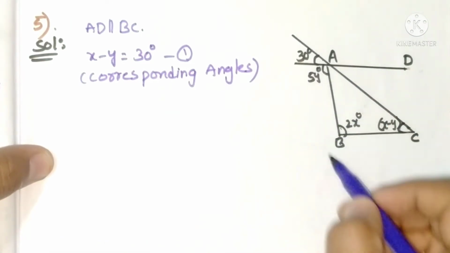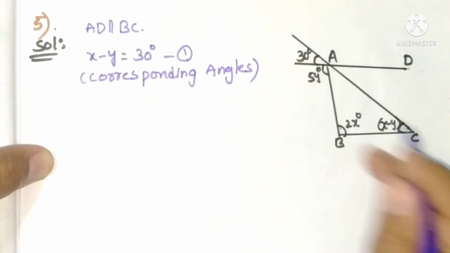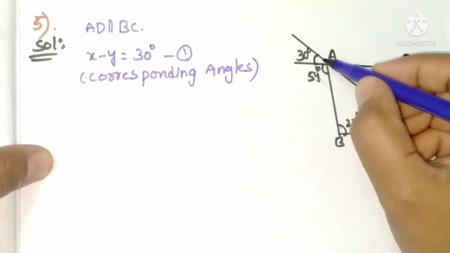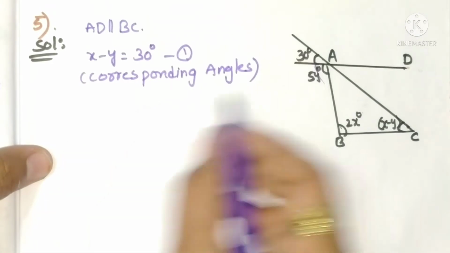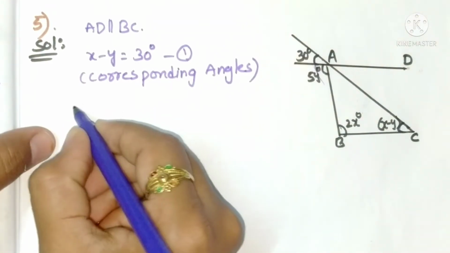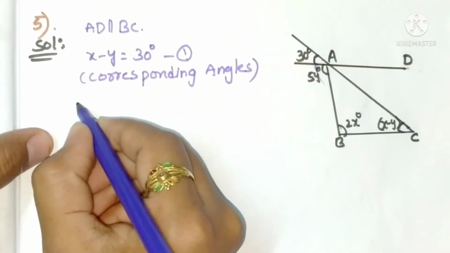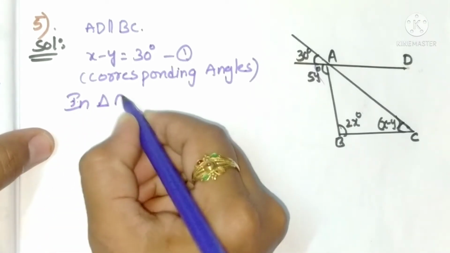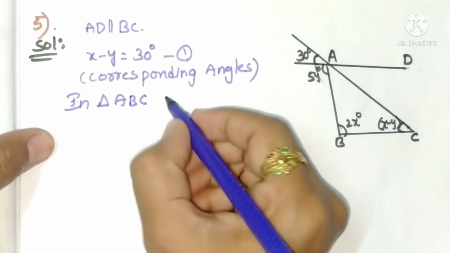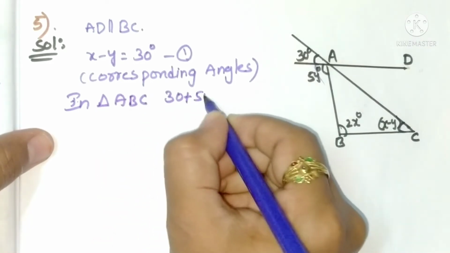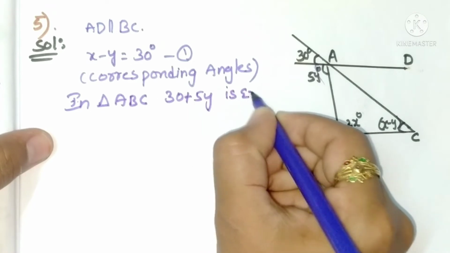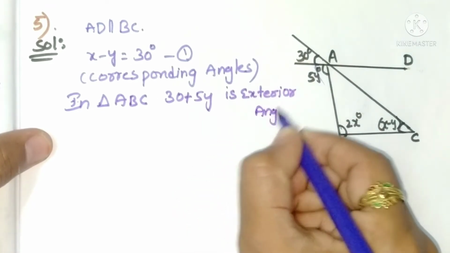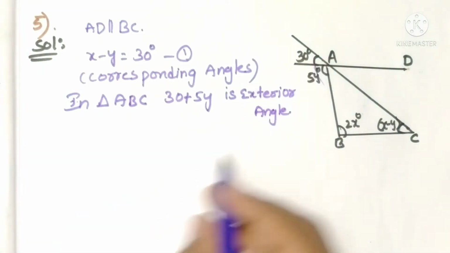Now observe triangle ABC. And this is the exterior angle, this complete angle. So in triangle ABC, 30 plus 5y is the exterior angle. What is the exterior angle property?